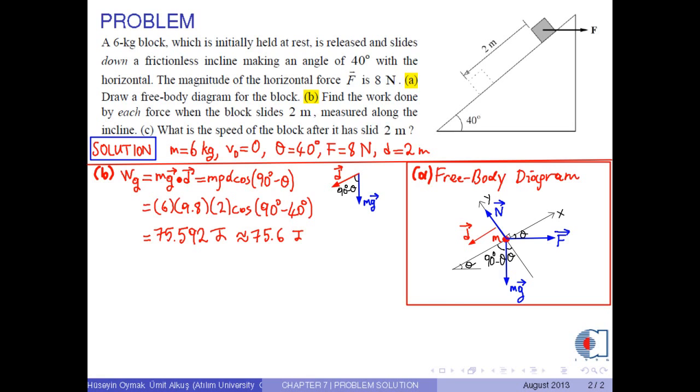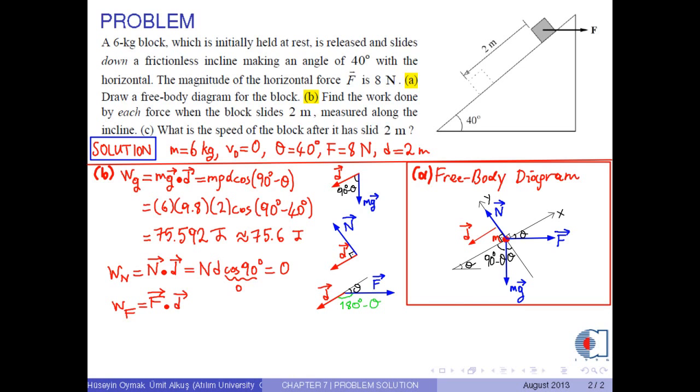And the work done by the normal force on the block is 0, since the normal force is perpendicular to the distance. Finally, the work done by force F is F dot d, and since the angle between the vectors F and d is 180 degrees minus theta, with the numerical values, we obtain negative 12.257 joules, or approximately negative 12.3 joules in 3 significant figures.